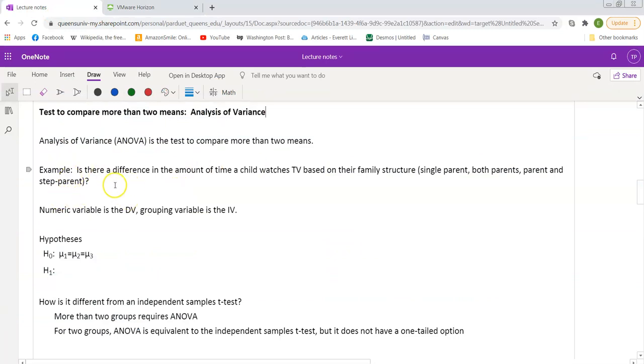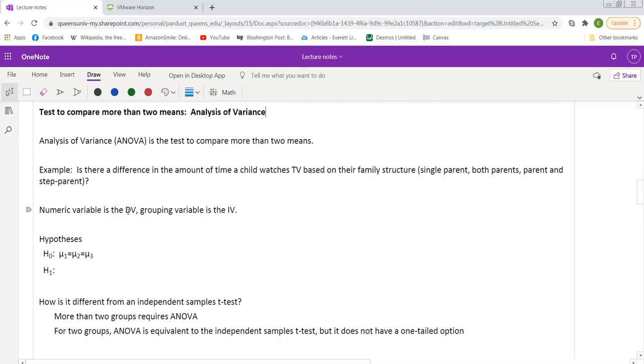Okay, so when you have an ANOVA, again, we want to compare across groups. We want to compare the mean of the first group to the mean of the second group to the mean of the third group. Just like we had before, the numeric variable is the dependent variable, and the grouping variable is the independent variable.